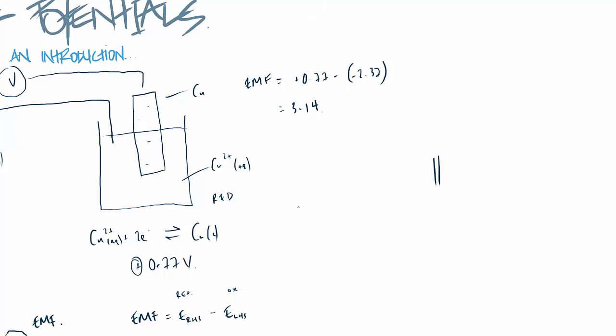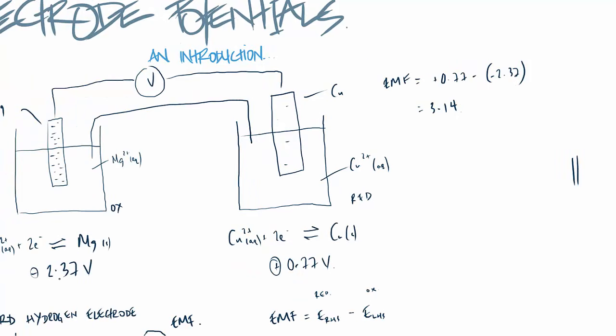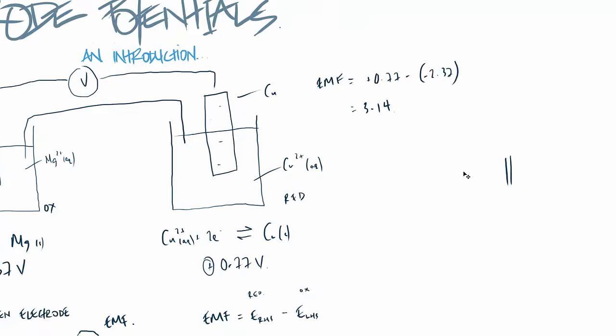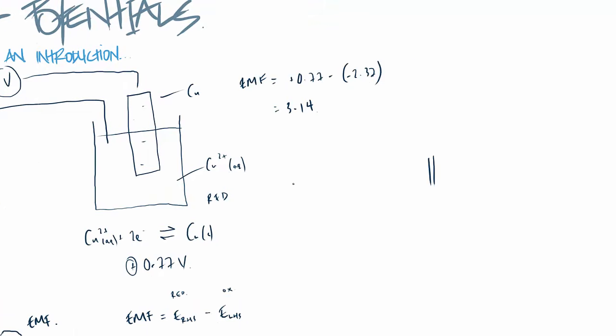So in this particular format, my magnesium, from the values that I've got here, and I'll just flick back, minus 2.37, that's going to go on my left-hand side. Right-hand side will be the copper. Now, the way it works, you always put your most oxidized species on the inside next to the salt bridge.